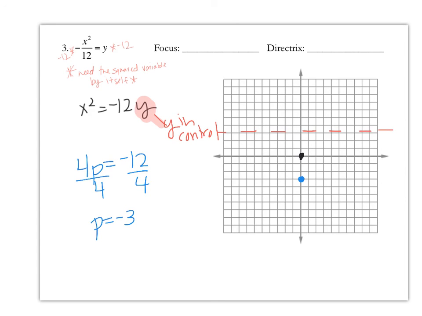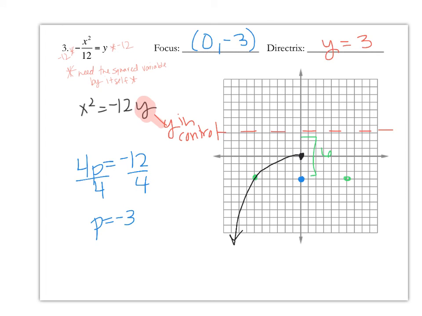And then I can write down those coordinates. The focus is over 0, down -3. And the directrix is going through the y-axis, so it's y equals +3. And then I can find this distance to figure out my other points. That's 6, so I'm moving out 6. 1, 2, 3, 4, 5, 6. And I can draw my parabola.